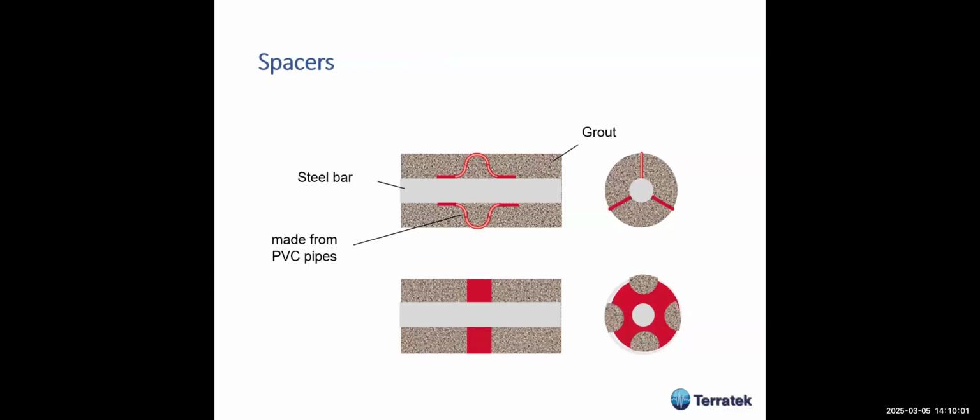About these details. One of the important details is the spacer, to make sure that the steel bar is set in the correct position, centralized in the borehole. This can be done very simply, made from PVC pipes. I'm going to show you something that in the past I used to do at a construction site, or it can be a little more sophisticated, with a special piece of plastic that we put around the bar.